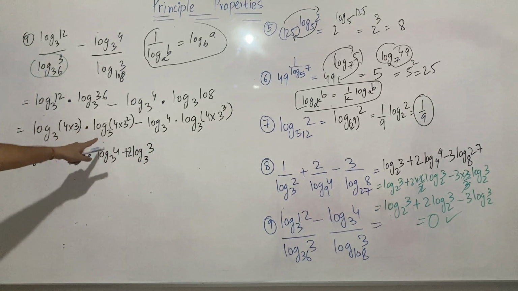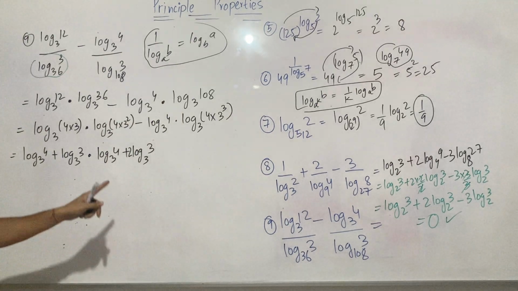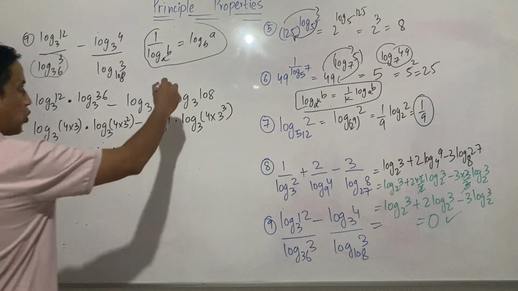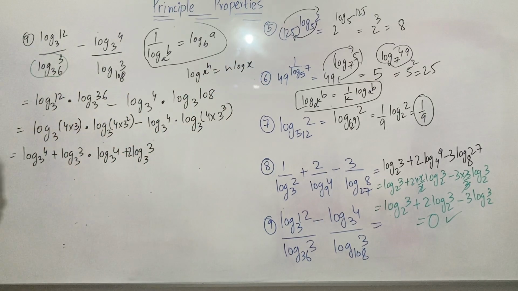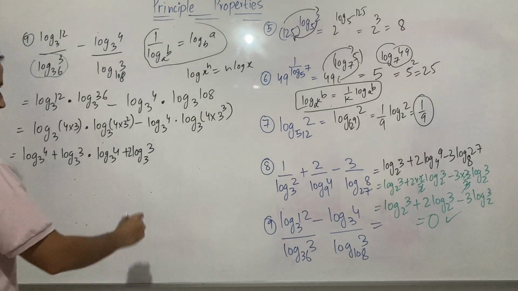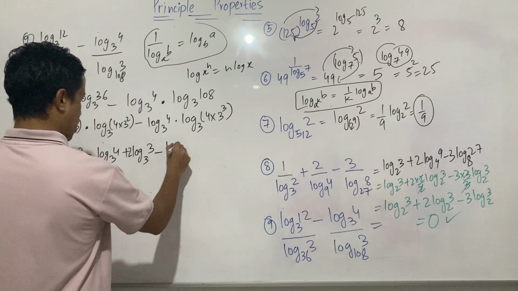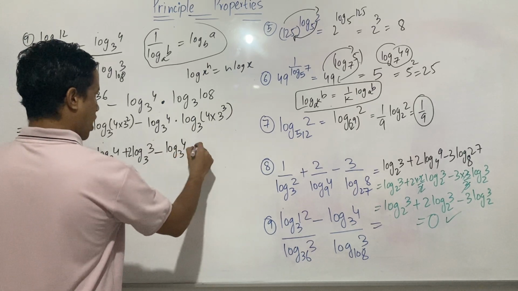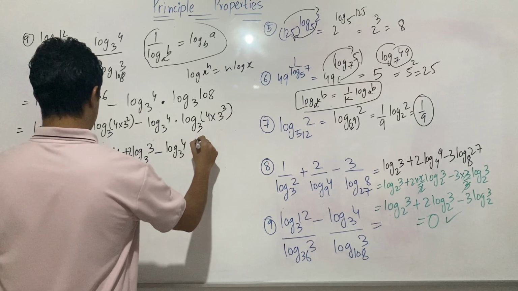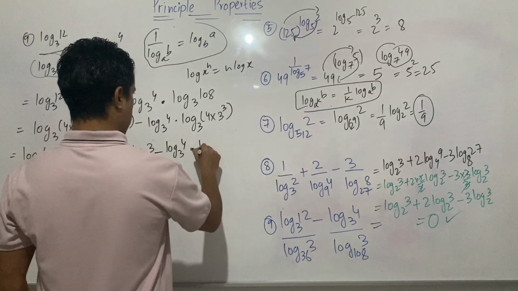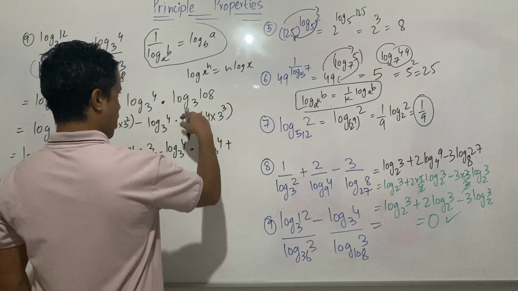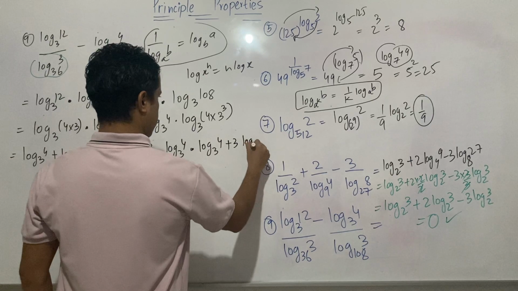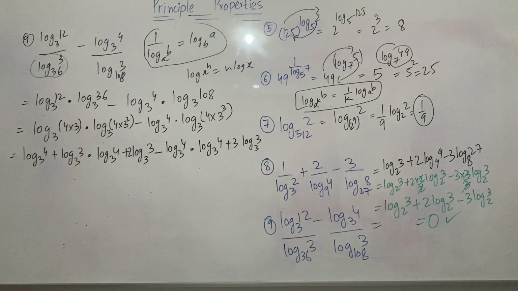Because log of 3 squared to the base 3 is quite similar to log of x to the n, which is n log x, right? So I made use of that property here. Then this one would be log 4 to the base 3, again the product rule, so it's going to be log of 4 to the base 3 plus 3 log 3 to the base 3, right?